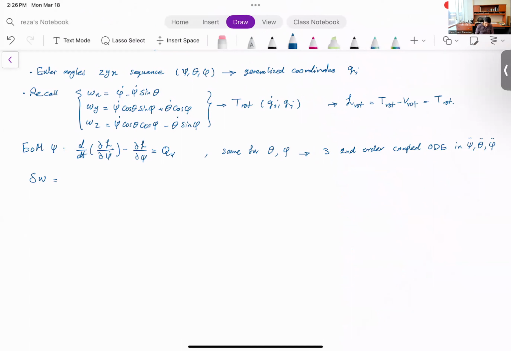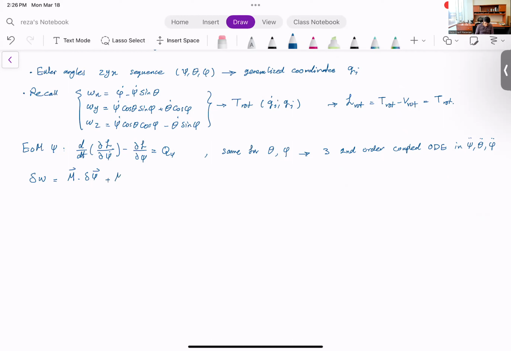So I can have my vector of external moments dot some small wiggle of my psi, this is one part of the virtual work.